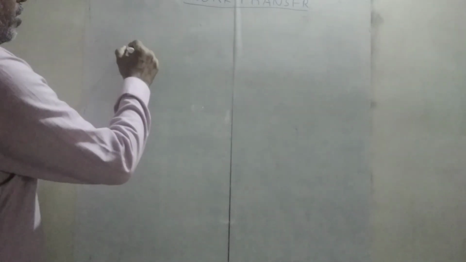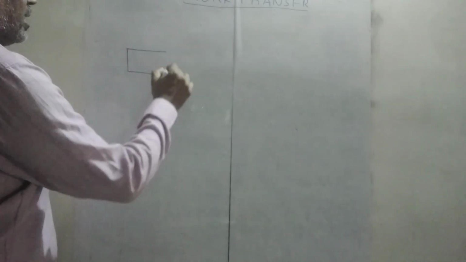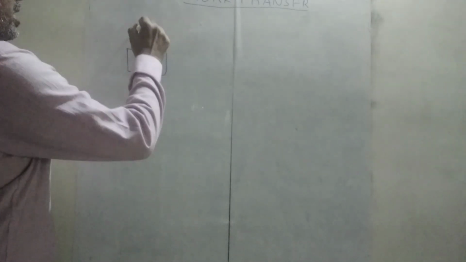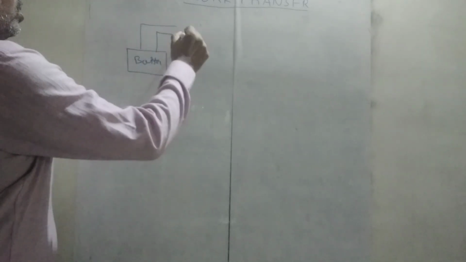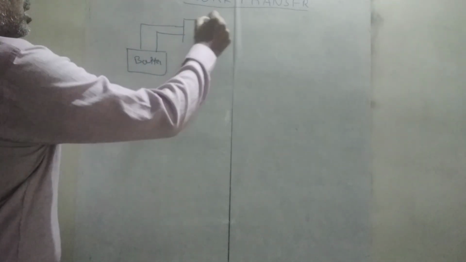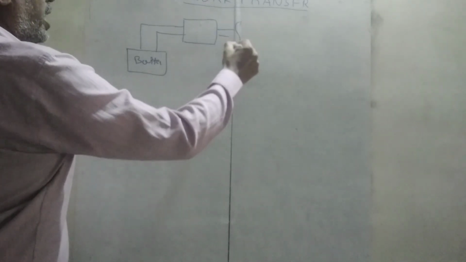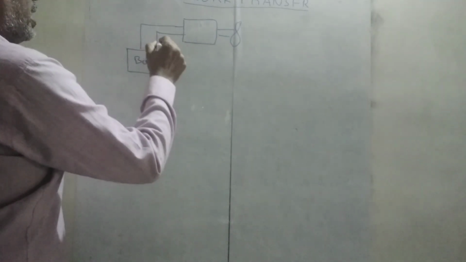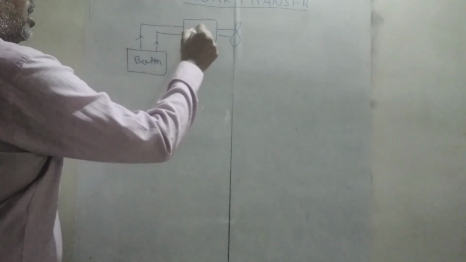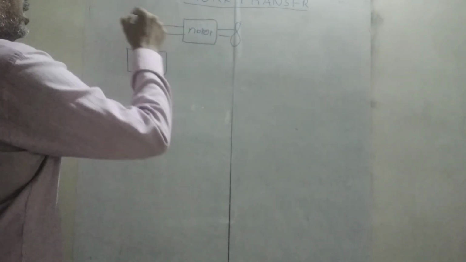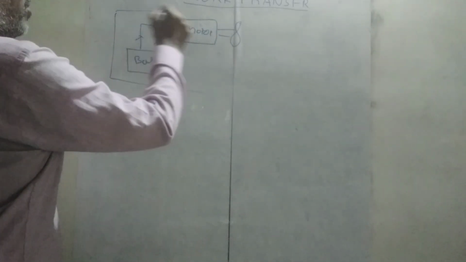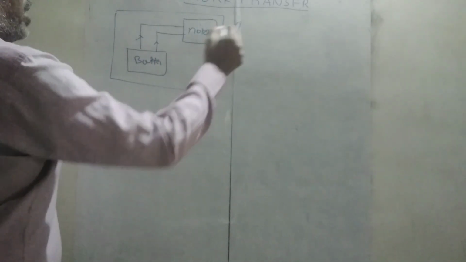In work transfer, if you take a system consisting of a battery, and this battery is connected to some device, and this device is rotating a fan. The battery is supplying current to a motor, and the motor is performing some work of rotation of the fan.